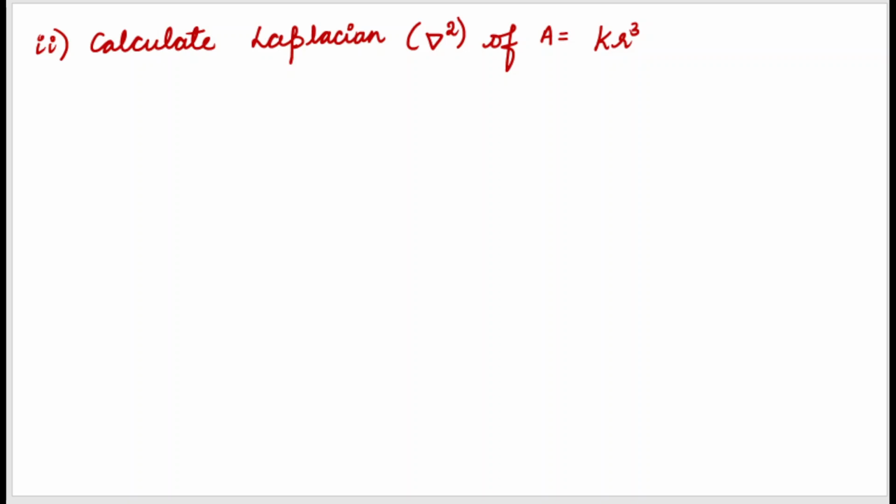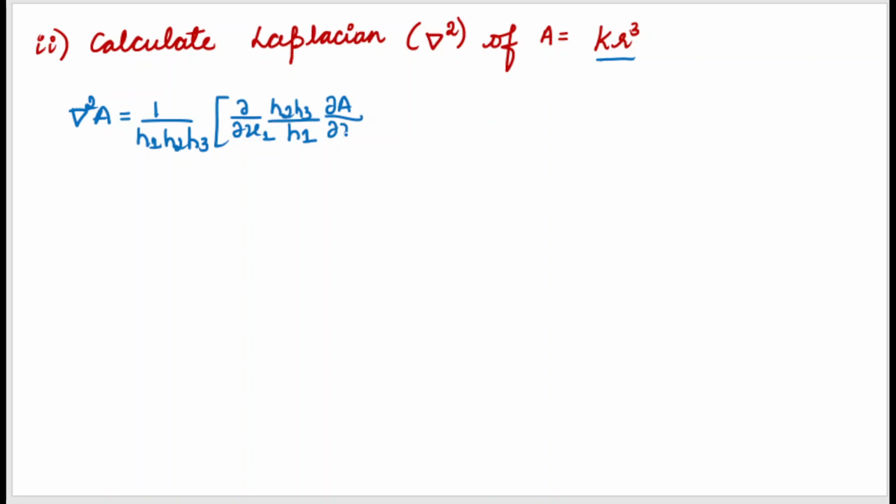The next question is: calculate the Laplacian, del square of A. They have given A to be equal to K into R cube. Let us take this formula in spherical coordinates only. The formula for the Laplacian in spherical coordinates, del square of any scalar, is 1 divided by h1 h2 h3 into dou divided by dou u1 of h2 h3 divided by h1 into dou A divided by dou u1.